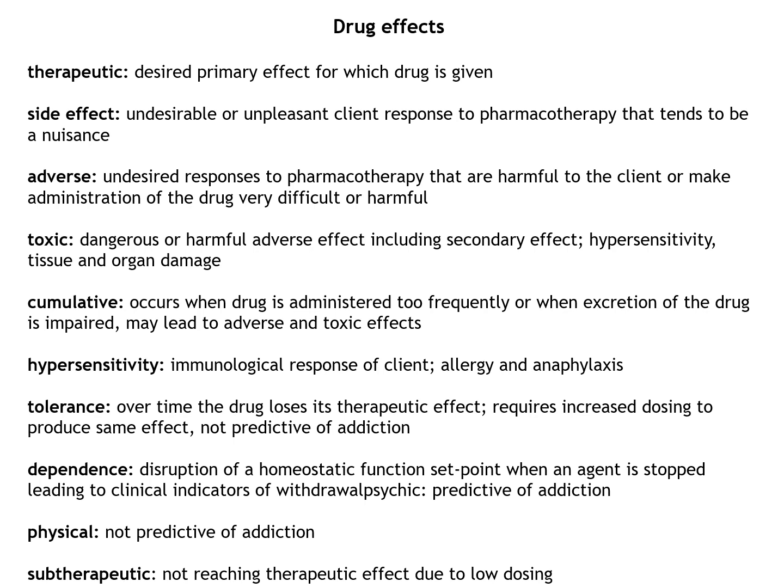So again, predictive of addiction. Physical, of course, is not predictive of addiction, and subtherapeutic is not reaching therapeutic effect due to low dosing, right? So medications that need lab values like Coumadin, levothyroxine, right? We always want to make sure that the patient is in a therapeutic range, meaning the range that's going to work for the patient depending on the dose that they're taking.